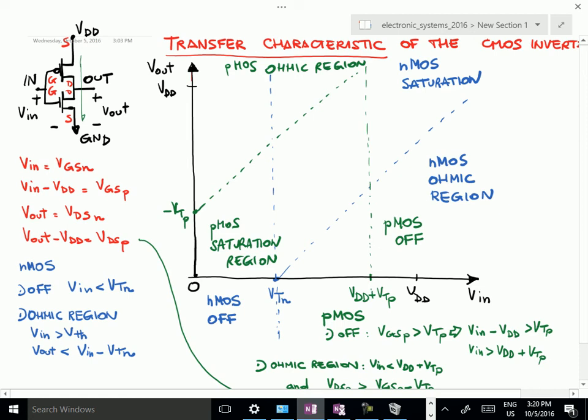And then if the NMOS is off, the PMOS is for sure in conduction, because when Vin is equal to 0, the PMOS is either in the saturation region or in the ohmic region, depending on the output. But of course, if the current cannot go through the NMOS, but the PMOS is conducting, the output voltage will go to the supply voltage. So we are starting from here.